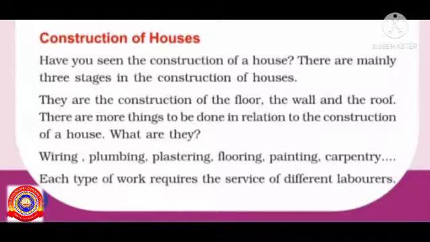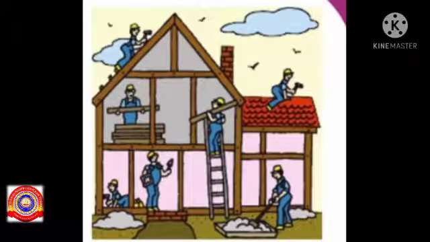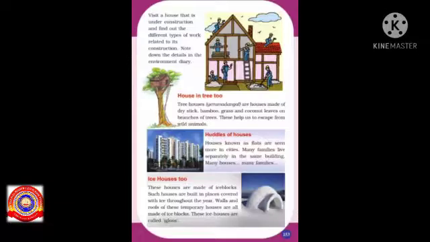The things that we mentioned here are the different types of works needed for the construction of a beautiful house. For all these works, we need the service of different laborers, right? Okay my dears, did you understand about the construction of a house?